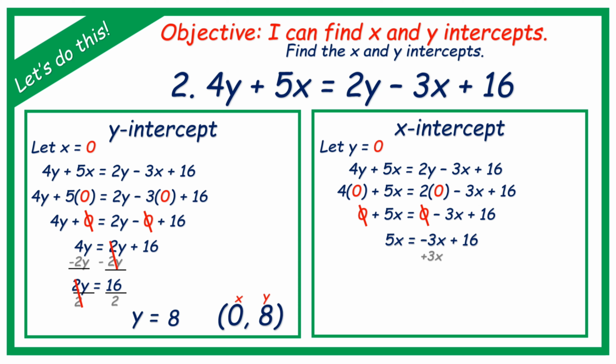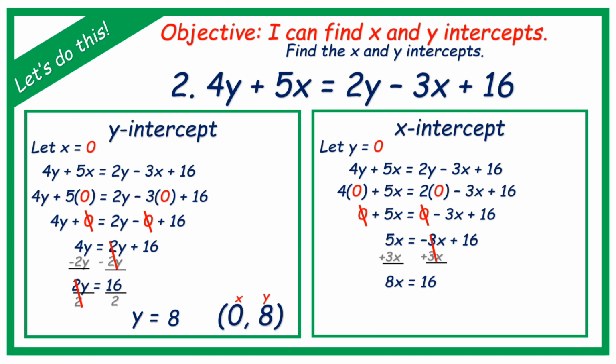The next step that we're going to do, we're going to add 3x. If you add 3x on the right side, do that also on the left side so that the equation is balanced. When you do that, it cancels negative 3x, leaving us with 8x equals 16.